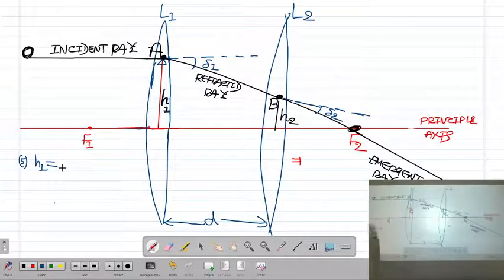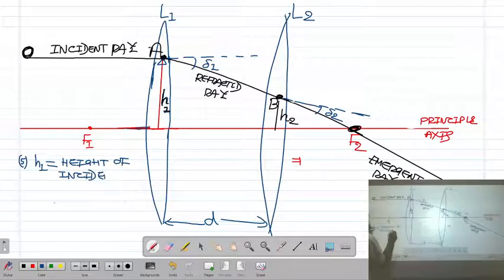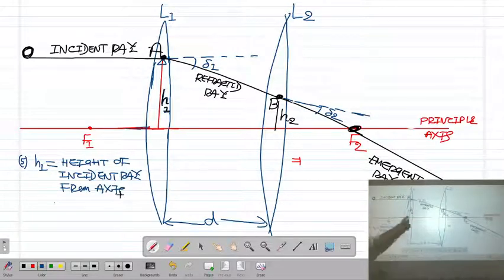What is H1? It is the height of the incident ray from the axis. H1 is the height of the incident ray from the principal axis of the optical system.